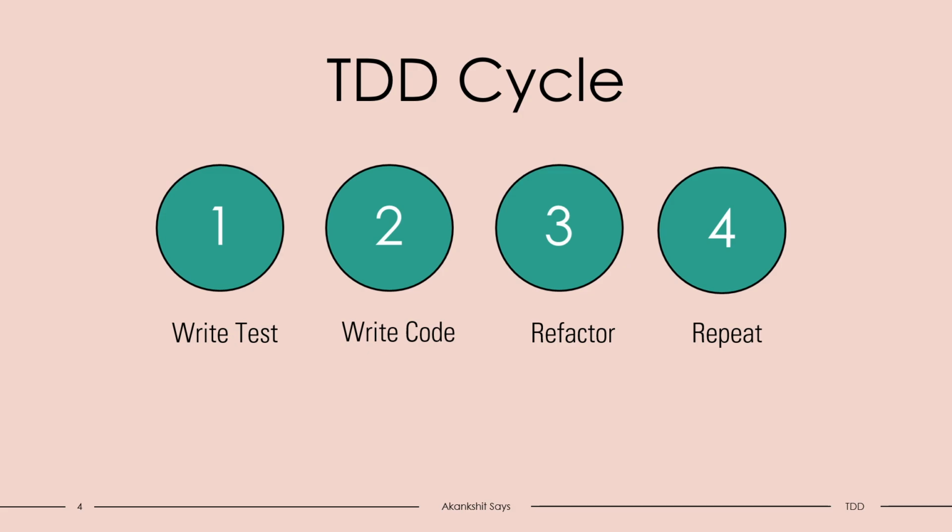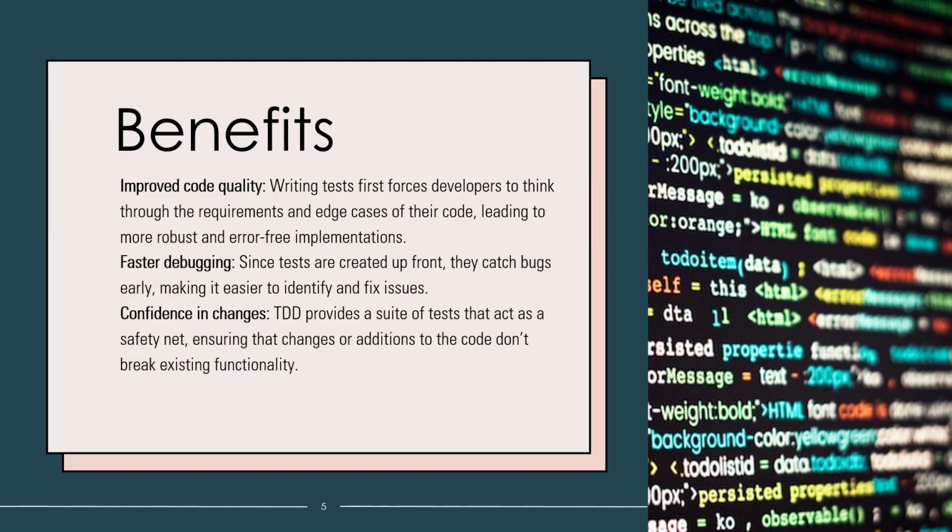Then write the code to pass the tests. Now we can refactor the code to improve its structure and readability, and since we have the test suite, we can run it again. If any new feature comes in, we can repeat the whole process again.